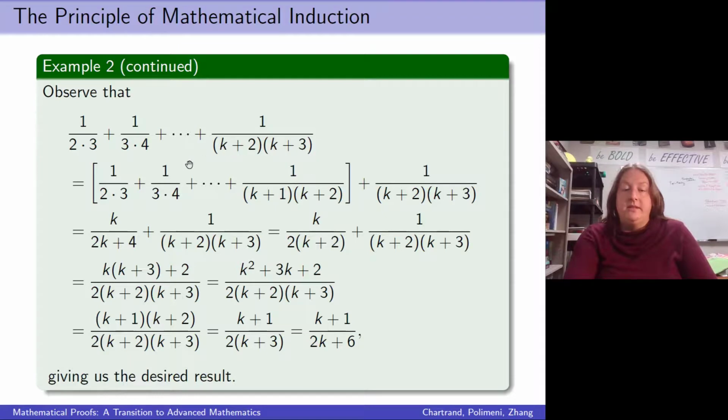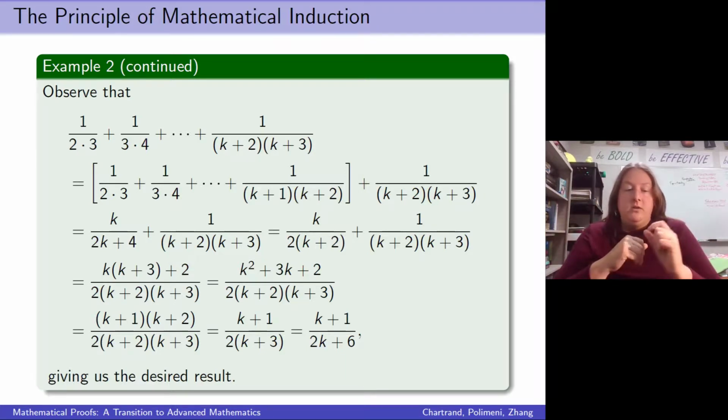Well, now this sum that's in these brackets here looks like the induction hypothesis sum. So I have the induction hypothesis sum plus that last term, 1 over k plus 2 times k plus 3. Using the induction hypothesis, I can put in place of that first long sum k over the quantity 2k plus 4. So I have that plus the last term.